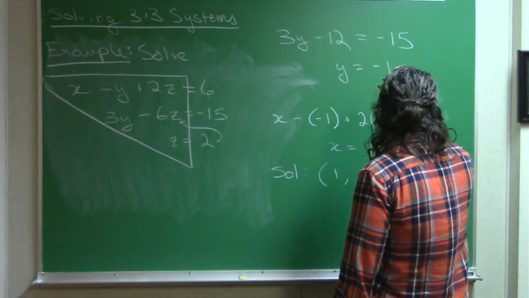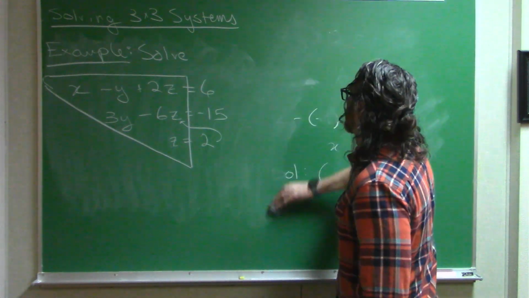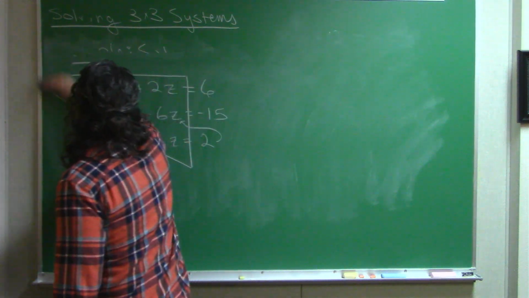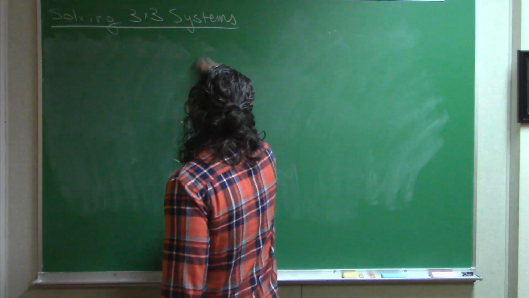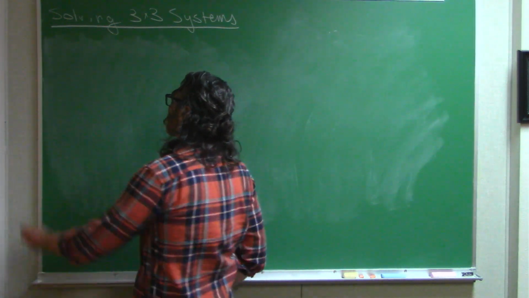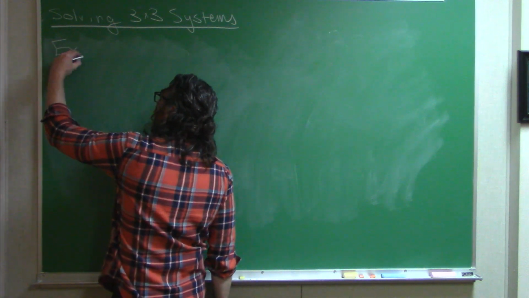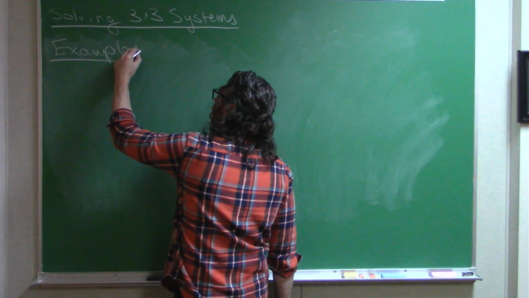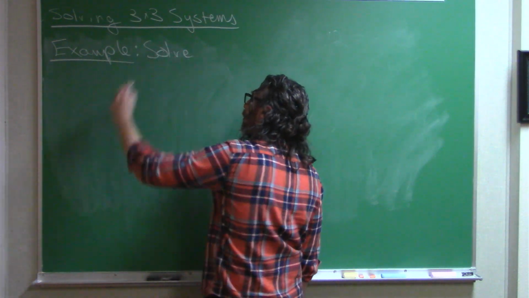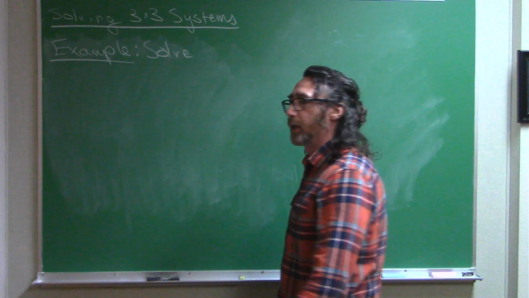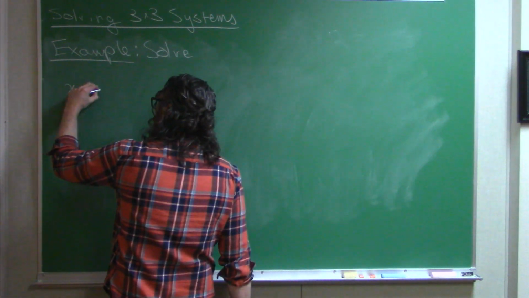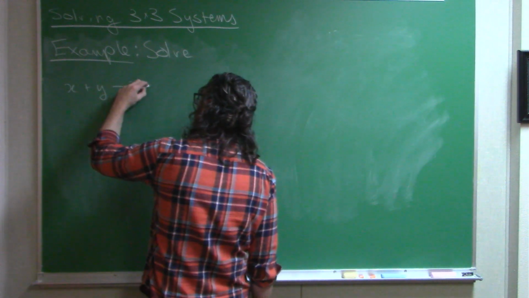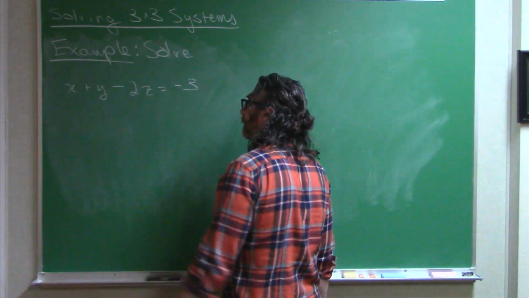So let's take a system that doesn't look like this and we'll turn it into a system that does look like this. All right, so x plus y minus 2z equals minus 3.